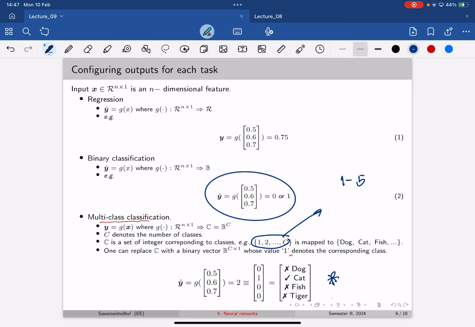It is because when you use the output class to measure the error, the error that you get could be very much incorrectly interpreted. That's why later on people came up with a representation of a binary vector again, but this time they use what we call a one-hot vector.